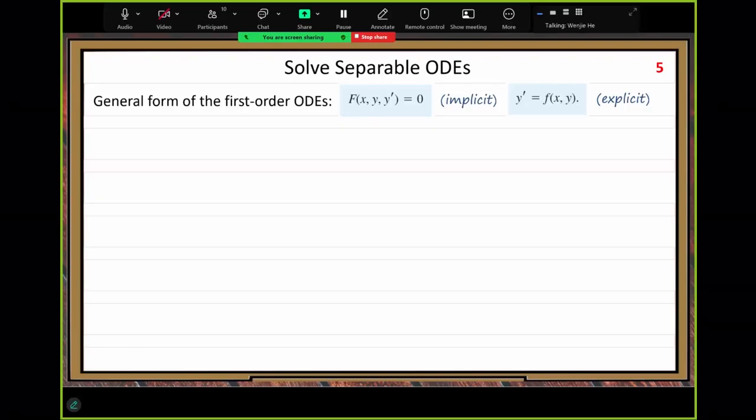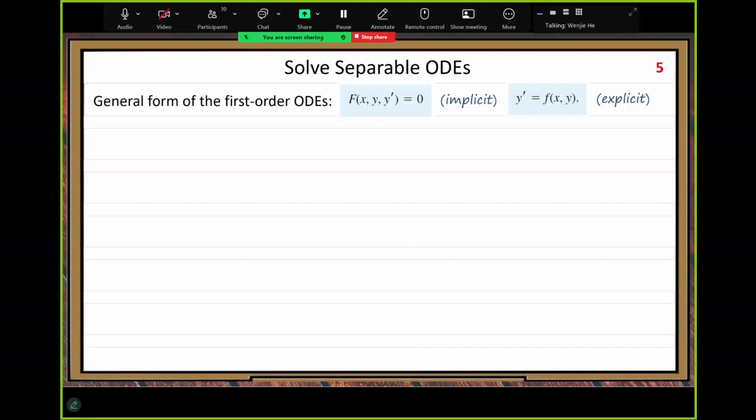But the problem is, it is not guaranteed that you can always find an explicit form for a given implicit form ODE.